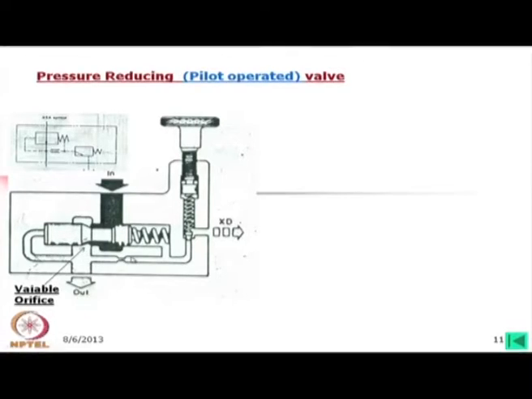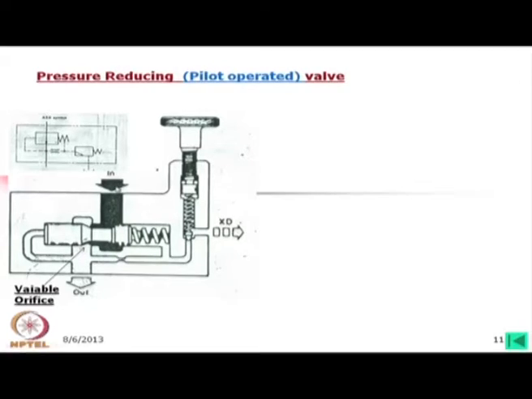Now, how is it working? First, let us examine, this is the main poppet and flow is coming through this. There is also this orifice, but this orifice is on the reduced flow side, not on the main flow side.